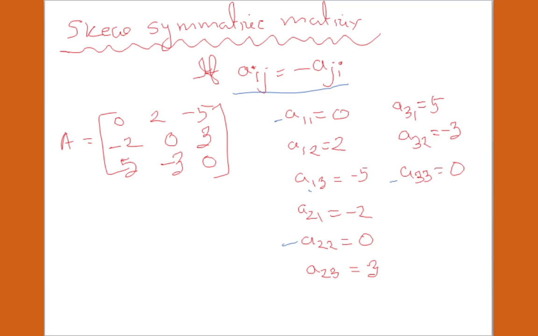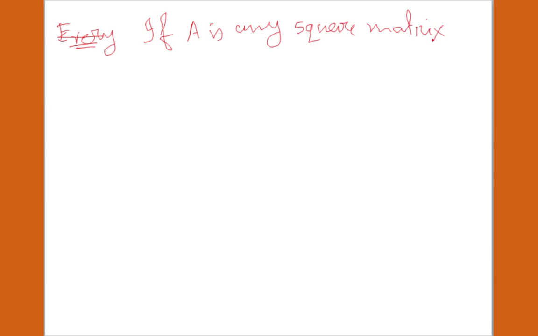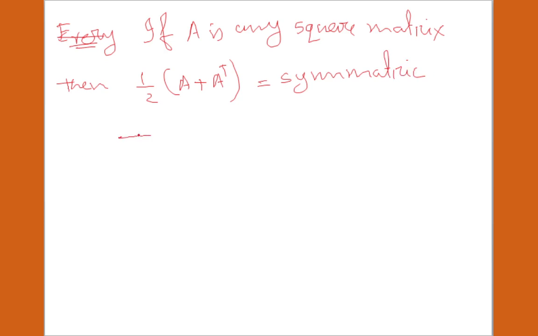So next, there is a point to discuss: every square matrix A. If A is any square matrix, then half of A plus A transpose is symmetric, and half of A minus A transpose is skew symmetric.